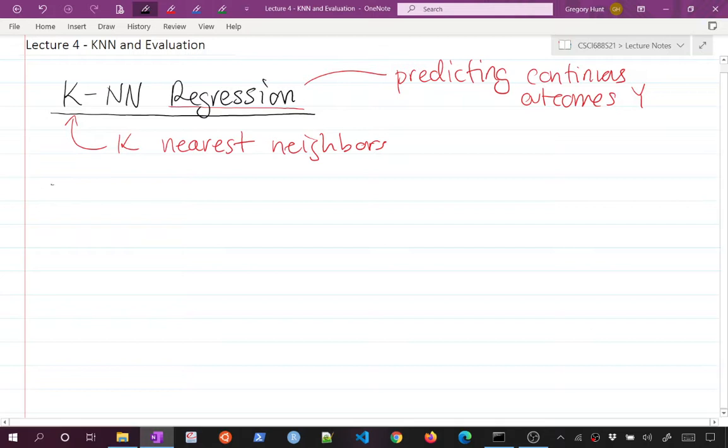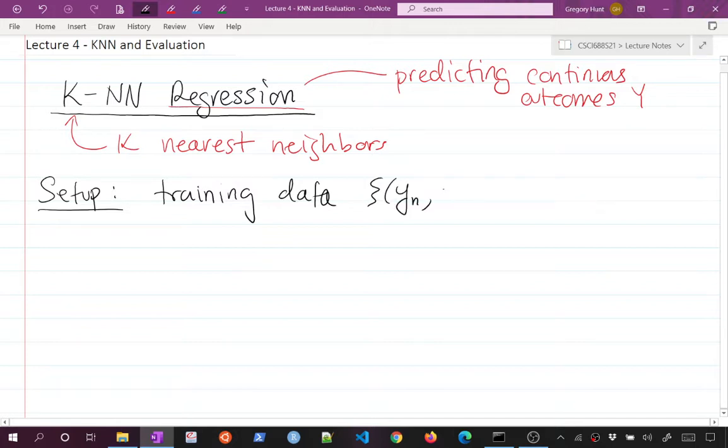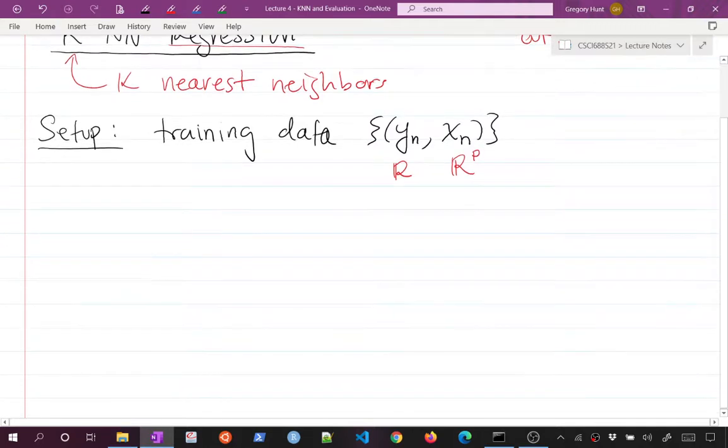So if we think back to our setup for these learning problems, we have some set of training data. And our training data is some y's and their associated features, x. These y's are some continuous number, some real number. And these x's kind of generically are in some p-dimensional space. And we assume that these are related.